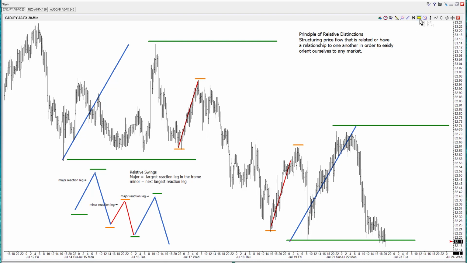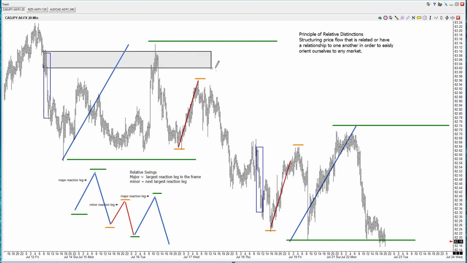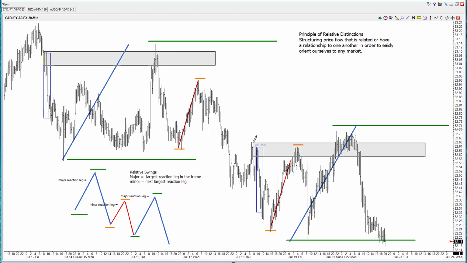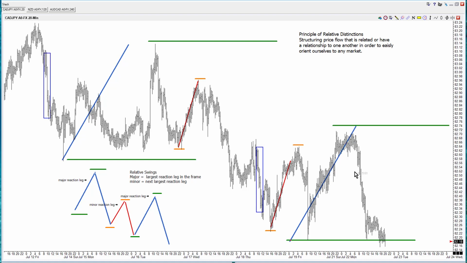For instance, we can use gaps. This gap's about yay big. It's a relative gap. You have to do a lesson on gaps. And you find something that matches that. And you'll see they're doing some things over and over and over again. Alright.